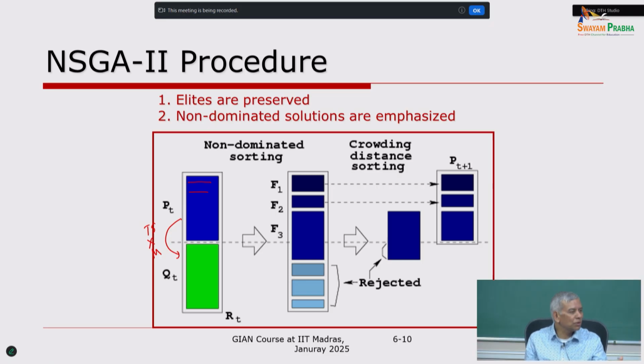Here, how do I do tournament selection? When I do tournament selection here, I need some kind of a way of saying this is better than that, right? So every member here is coming from the previous generation, right? So they are already classified: these are all class 1, these are class 2, these are class 3.